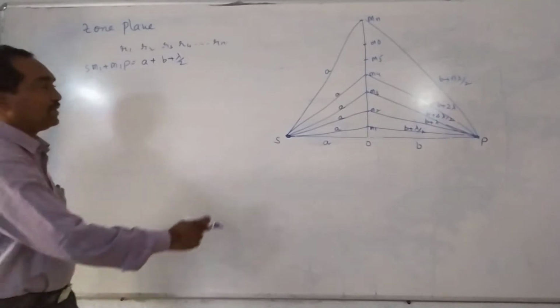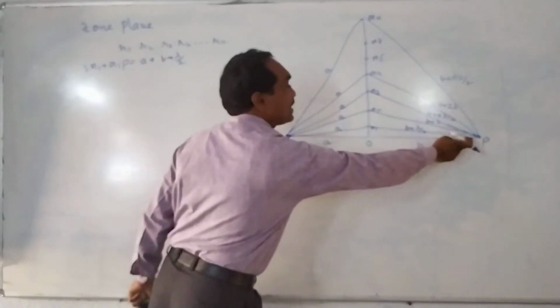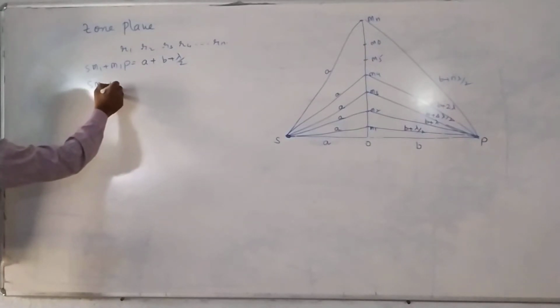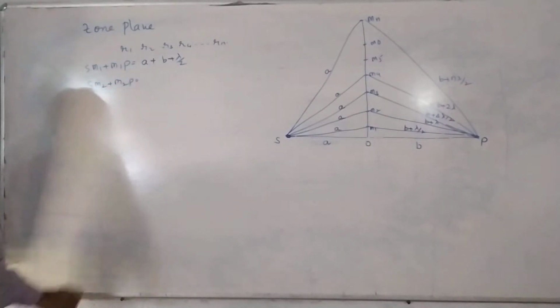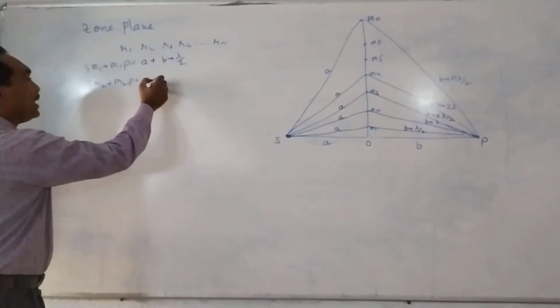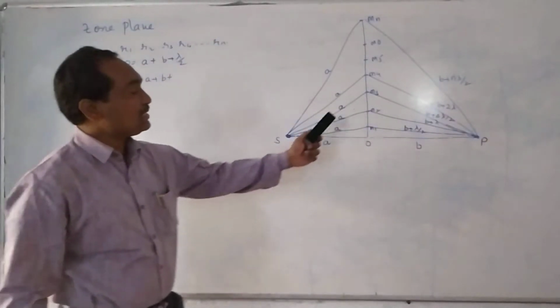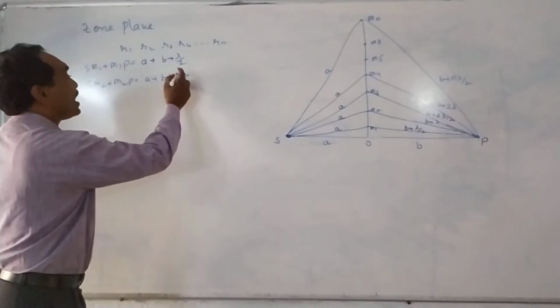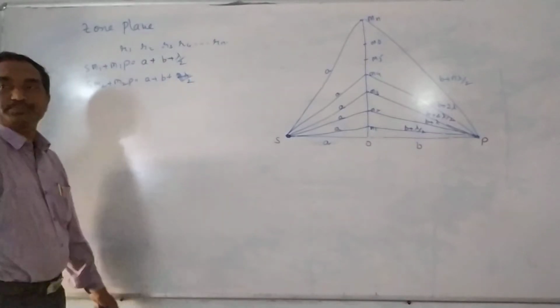Now, what about the second one? SM2 plus M2P is equal to a, since SM2 is also a, plus b plus lambda, or b plus 2 lambda by 2, whatever it is.